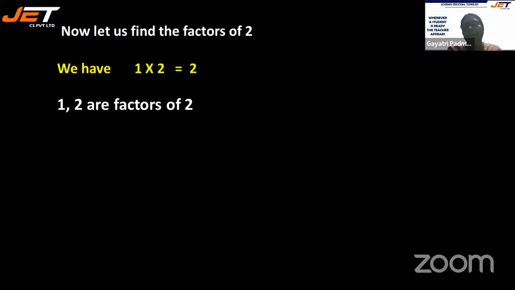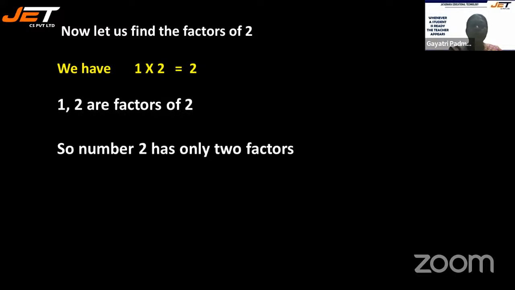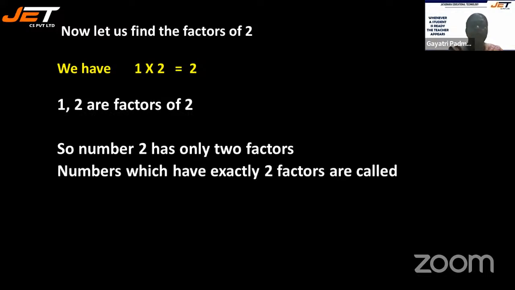Now, let us discuss even and odd numbers. Let us find the factors of 2. We have 1 into 2, which is 2, or 2 into 1 is 2. So, 1 and 2 are the factors of 2. So, 2 has only 2 factors, that is 1 and 2. So, the numbers which have exactly 2 factors are called prime numbers.